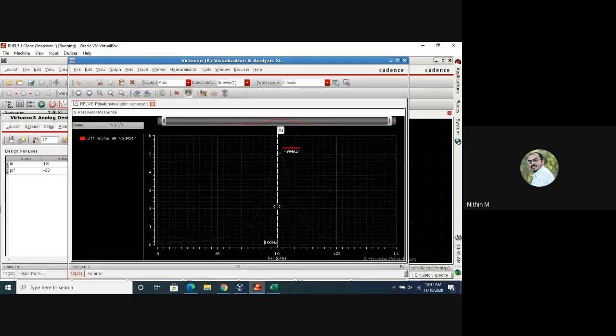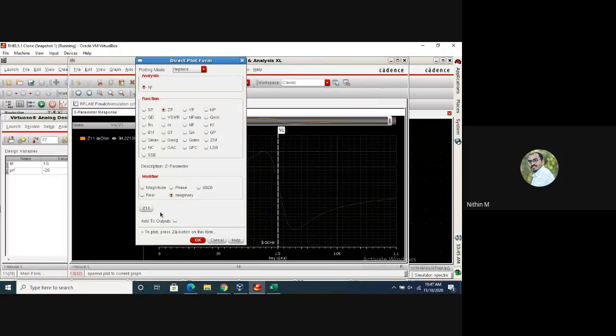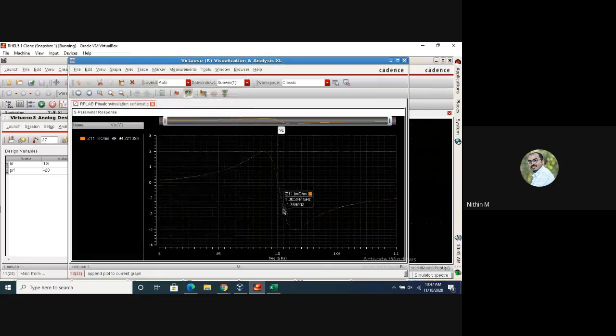It is approximately 5, and you can see the value range. Now if I plot the imaginary component, you can see that the imaginary value is 0, or minus a very negligible reactive component there.